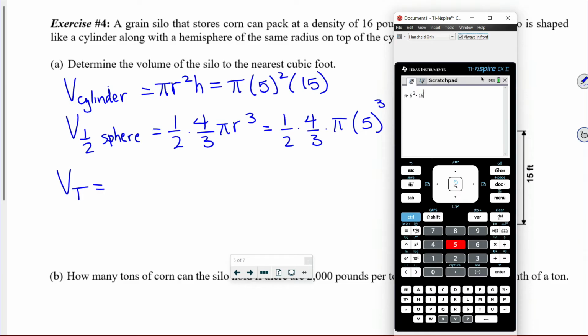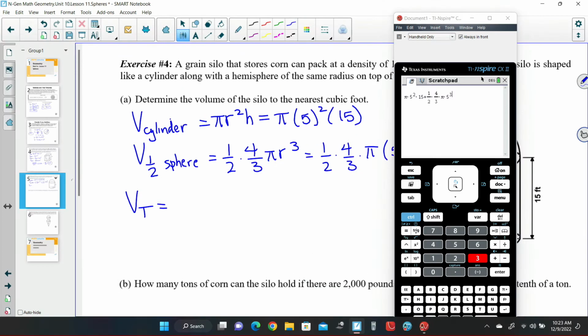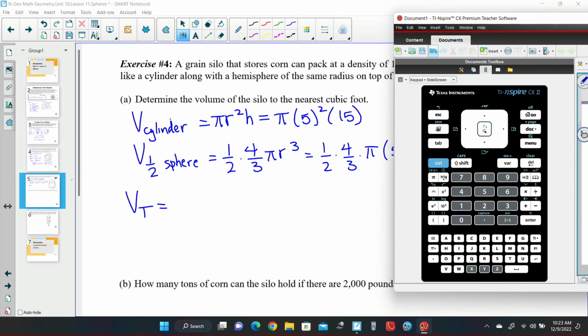There's my volume of my cylinder, pi r squared times h, plus now 1/2, every time with the 1/2, 1/2 times 4/3 times pi times 5 to the third. All right, let me just go again to the full size so you can see that.